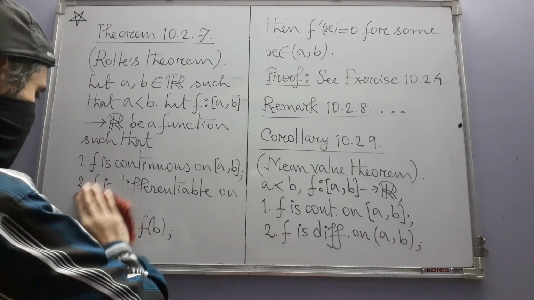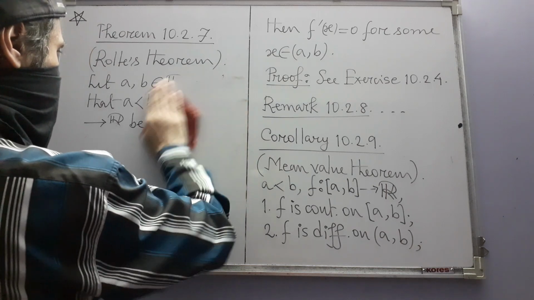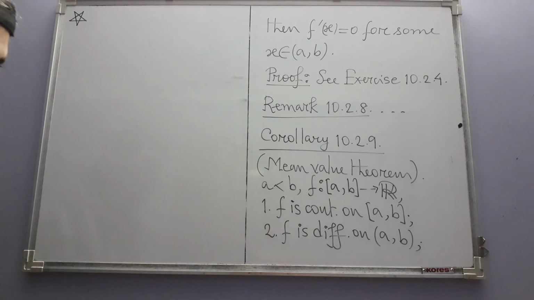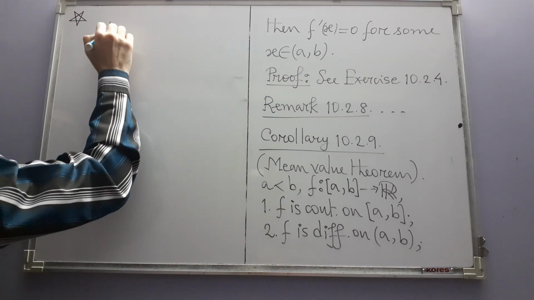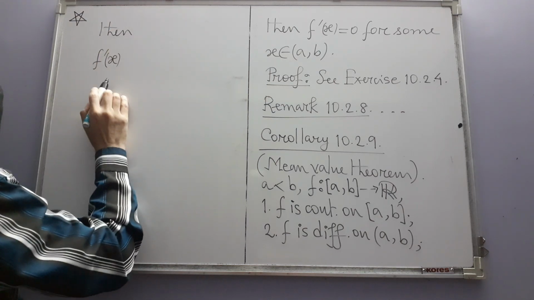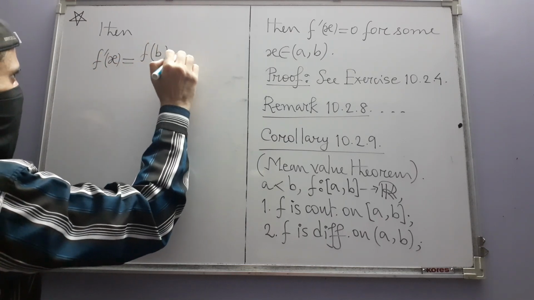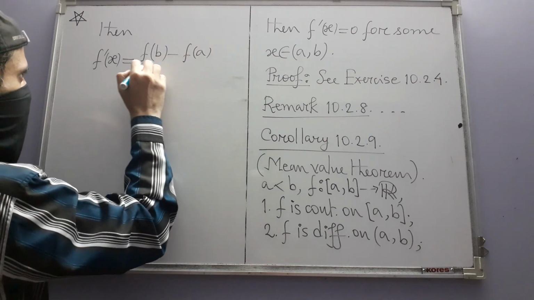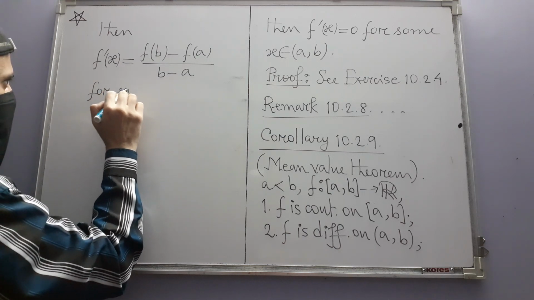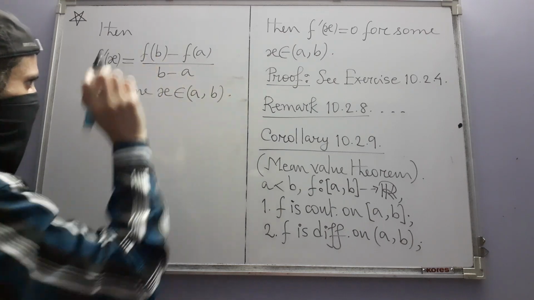Then the derivative of f at x is equal to f of b minus f of a divided by b minus a for some x belonging to the open interval.